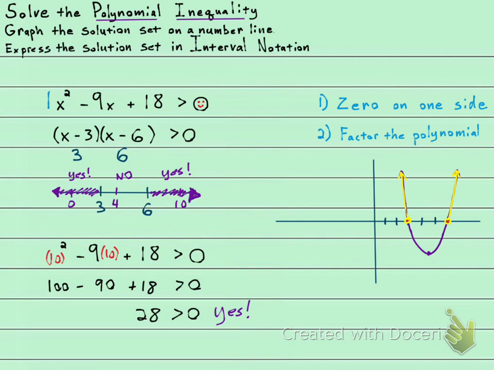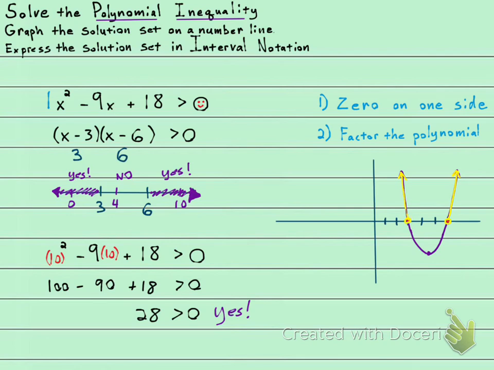Now, what happens at 3 and at 6? Remember, if you come over to the graph, is it greater than 0 when it hits 3? No, it's not. Is it greater than 0 when it hits 6? No, it's not. Okay, I said 0, I meant 3. So at 3, it hits 0. 0 is not greater than 0.